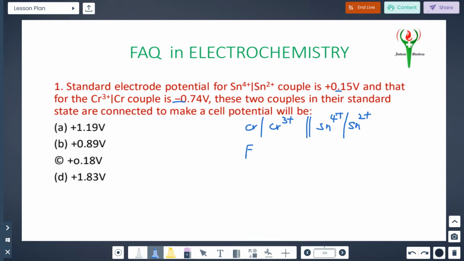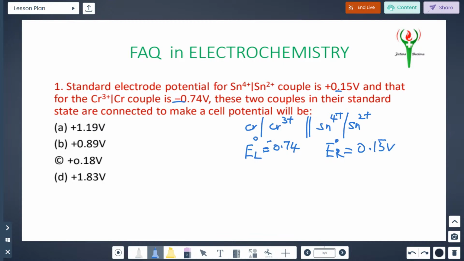Electrode potential of this anode of cell, I simply use E naught of L, which is equal to minus 0.74. Then likewise E of right hand side, that's called cathode potential, is equal to 0.15 volt. Understood?